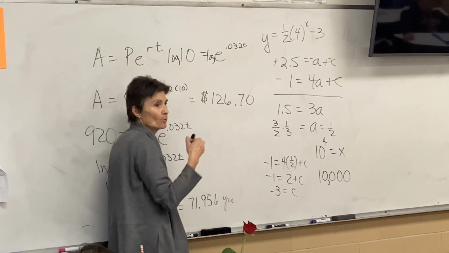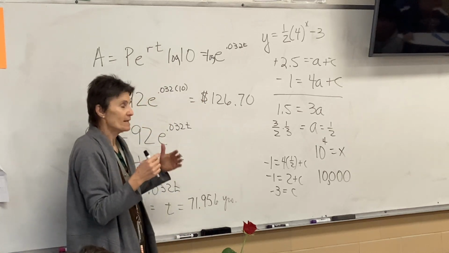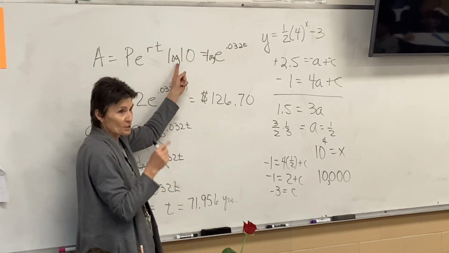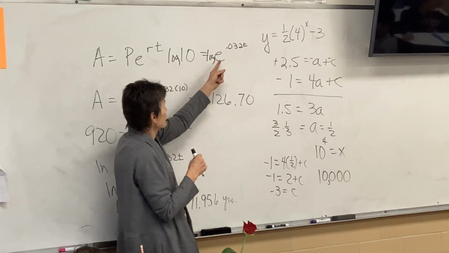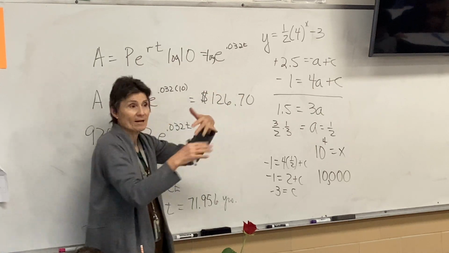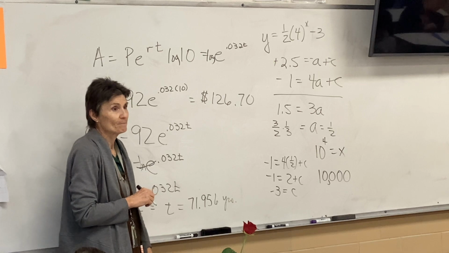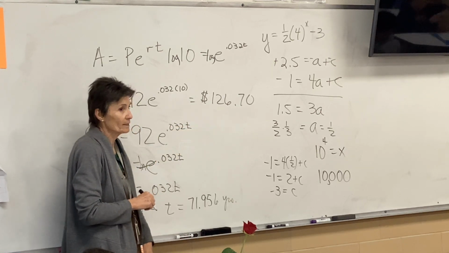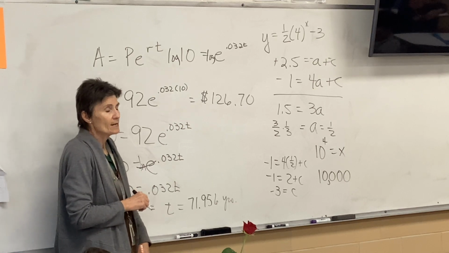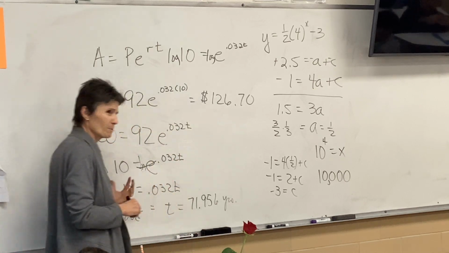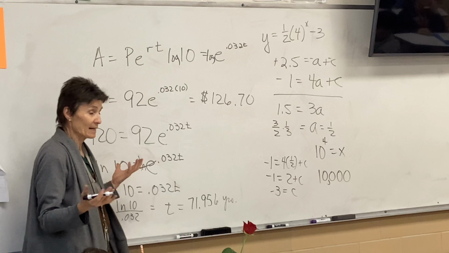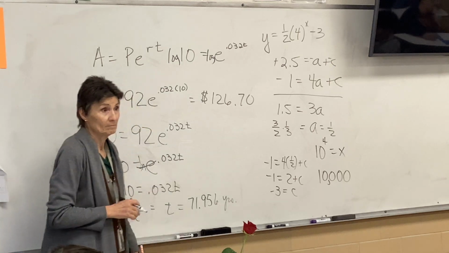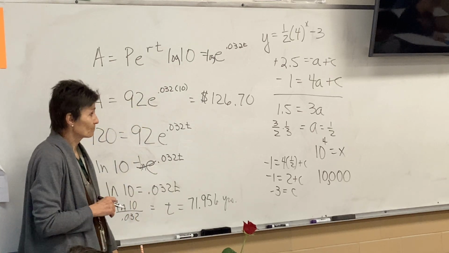You don't need to know that right now, but because that's a 10, which is log base, and this is an e, which is ln base, one side or the other is going to cancel out when you do it. But yes, you should have gotten the same answer. The base you use doesn't matter. You could even use log base 7. That's hard, but you could do that and get the same answer.